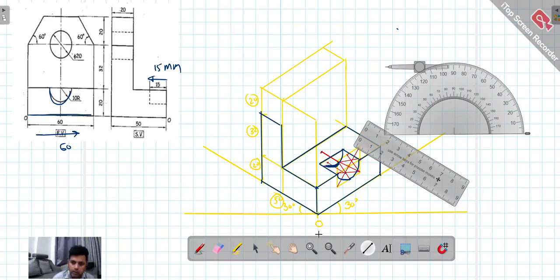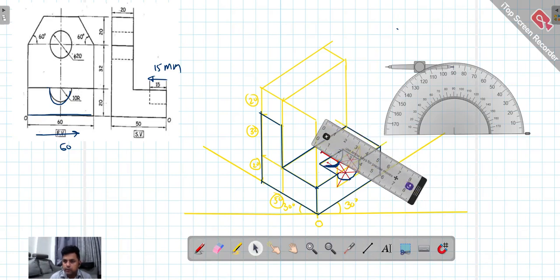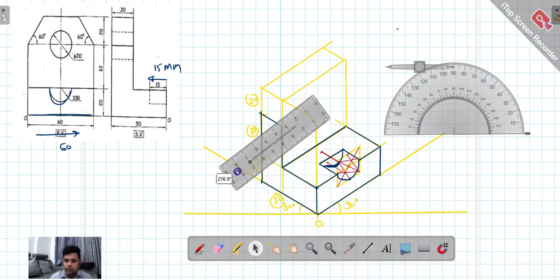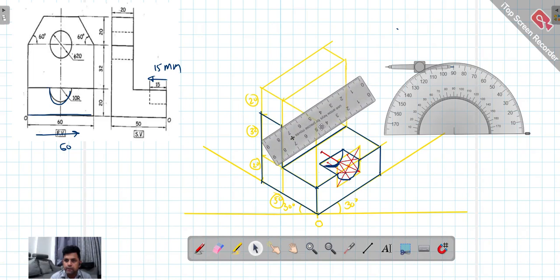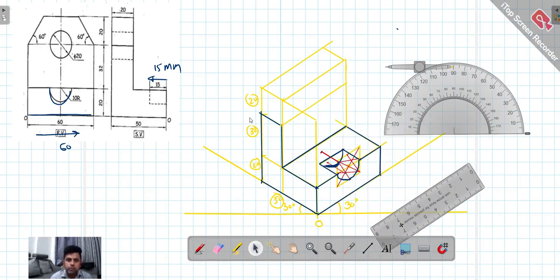Now, very important thing to understand that the top side we are going to project or plot. Okay. See, from this point, I am drawing one construction line here.